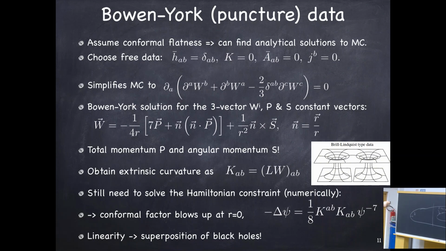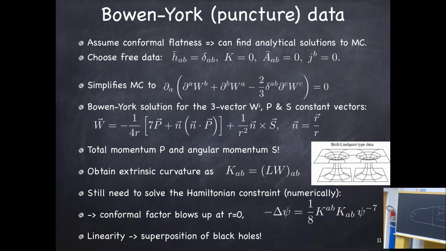So now, we still have asymptotically flat. We still have trace equals 0. We still have this one equals 0. We still have no matter. But K is non-zero. Then we have this equation to solve. Doesn't look very nice, but there's an analytic solution which has been found by these 2 people. And this analytic solution has 2 free vectors, S and P. And it turns out these 2 free vectors are exactly the total momentum and the angular momentum or spin.